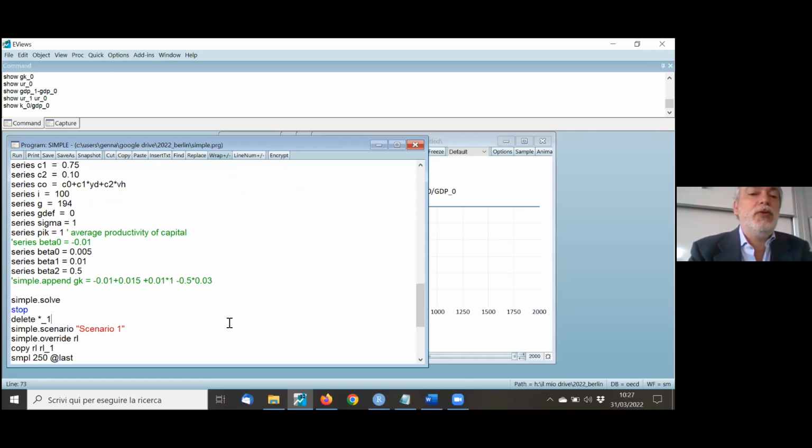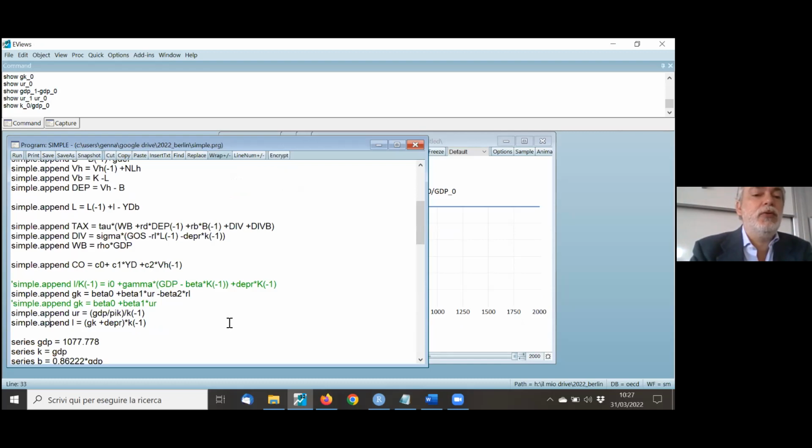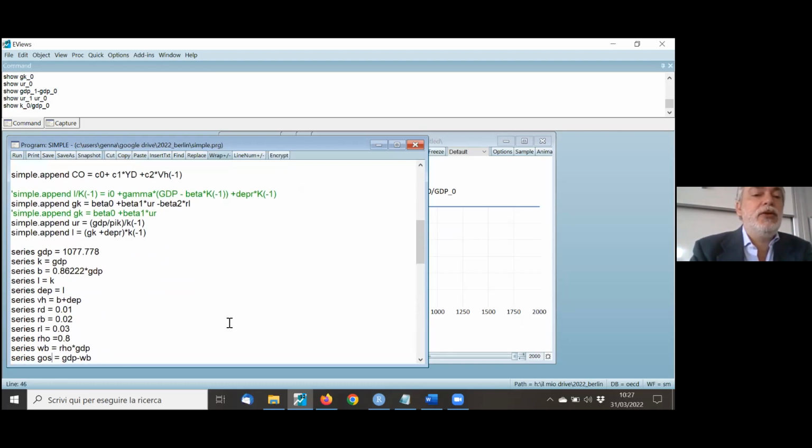What we always do in these models is to link the interest rates together. You usually do this with a markup.